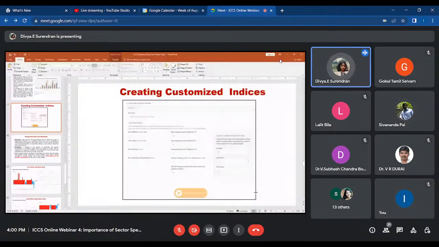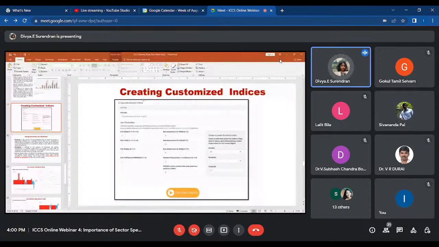There will be a window coming like this. Here, if you want to customize, like warm spell duration, for how many days you are defining a warm spell. That can be from 1 to 10 days. You can give the number of days with respect to your requirement. Like that, cold spell duration.